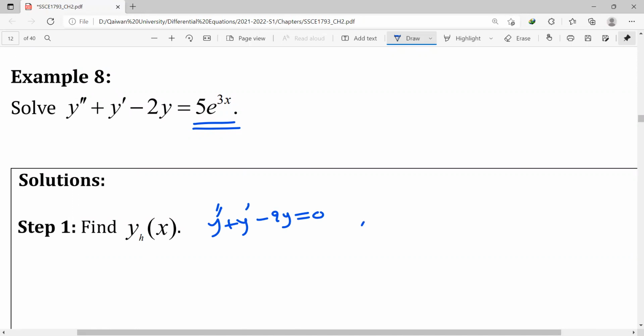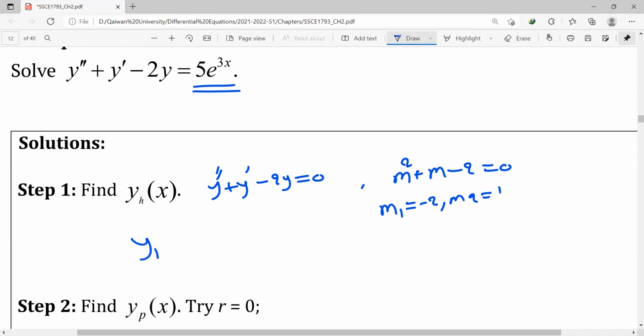Here the characteristic equation is m squared minus m plus m minus 2 equals 0. Here m1 equals negative 2, and m2 is 1. These are the values of it. We solved this before, that's why I'm not going to solve it step by step.